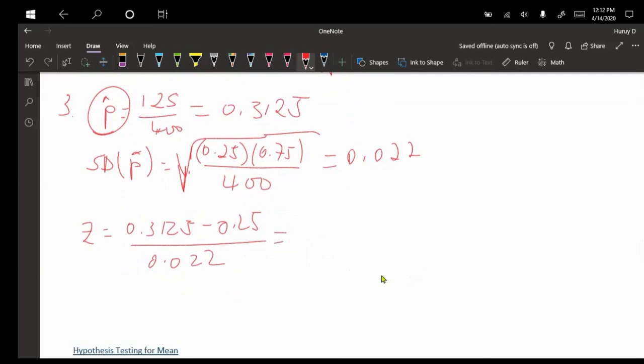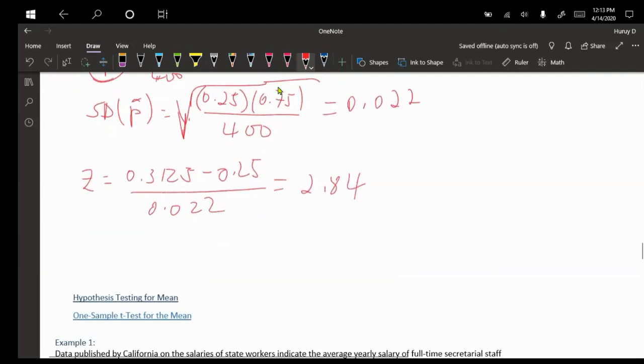And okay, so I got again 2.84, which is close to the first one.